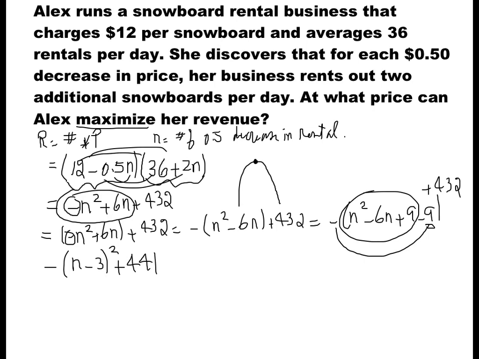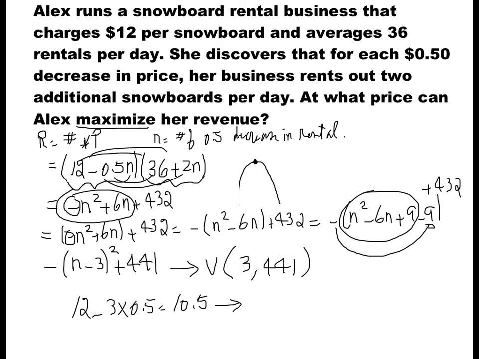So it tells us that the vertex is at the point 3 and 441. So this means that if Alex lowers the price 3 times 50 cents, meaning 12 minus 3 times 50 cents, which is $10.50, then the revenue is maximized at $441.